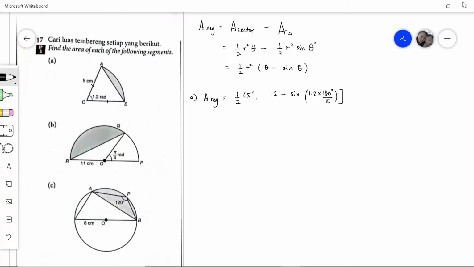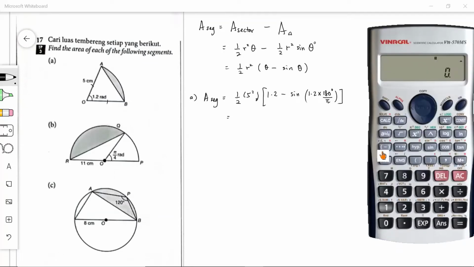Okay, then we just use the calculator and do the calculation for us. So half times 5 squared, which is 25. Okay, and then times, using bracket, 1.2.